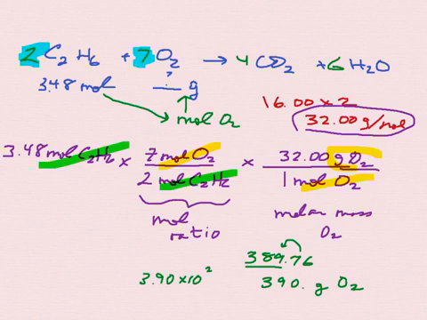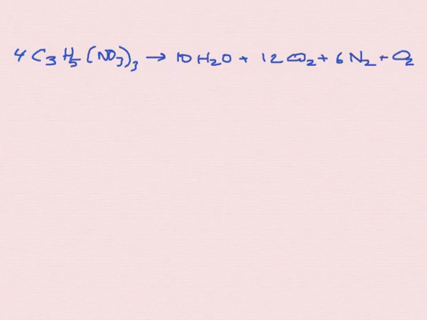That is not a complete gravimetric. It's not a gram to gram question, but it is almost gravimetric. The next page, example 4, is a good one. It says the explosion of nitroglycerin is described by the equation below.